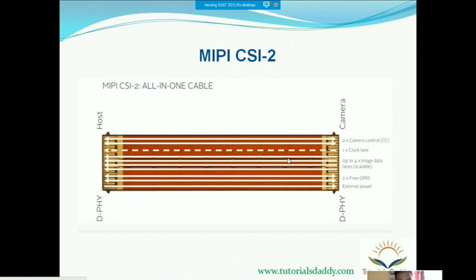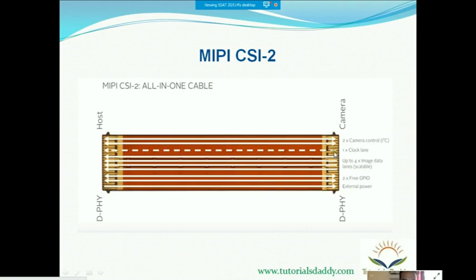Here you can see the MIPI CSI cable has a camera control interface. Two lines will be for controlling the camera sensor. As I said, we have I2C lines for controlling the camera sensor. These two lines are dedicated for controlling the camera sensor, and we call it the camera control interface.